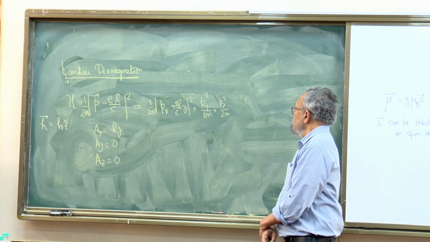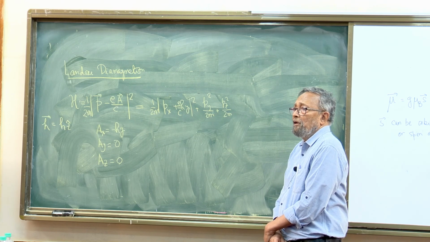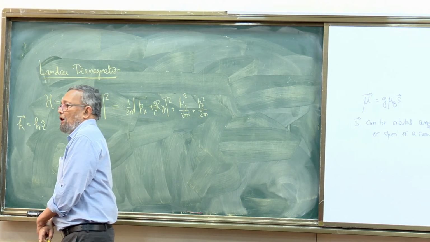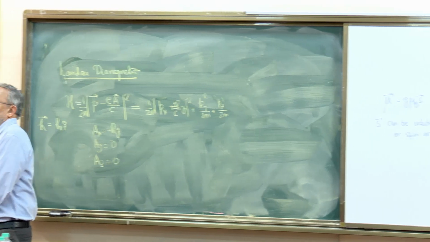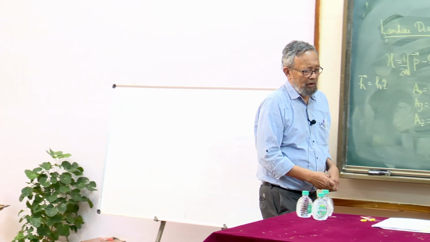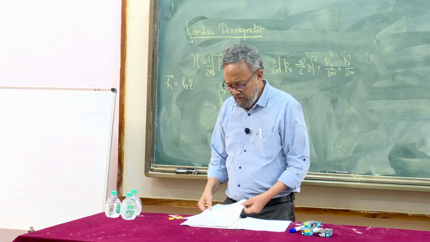Right, so this should be clear to everybody. That is the problem, and it really has a part that looks like a harmonic oscillator, and that harmonic oscillator part gives what are called Landau levels. How do you get that? I will not do the whole calculation, but I will just write down the steps, which is fairly simple.